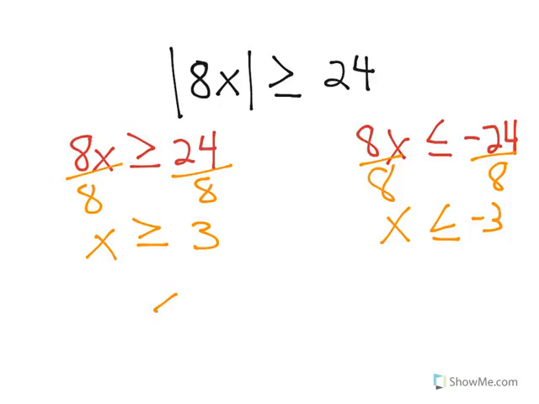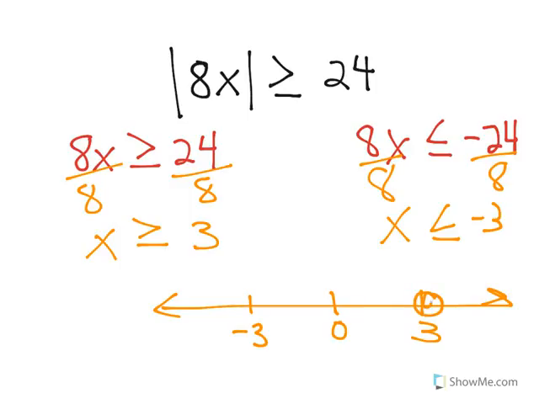So on our number line, we see that we have our negative 3 and our positive 3. We're greater than or equal to positive 3, so that's going to be shaded to the right of positive 3. And we have less than or equal to negative 3, so that's shaded to the left. So this becomes an OR.